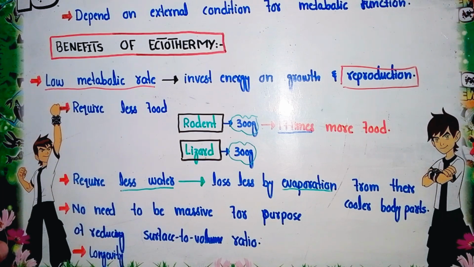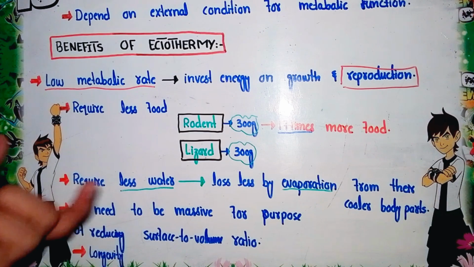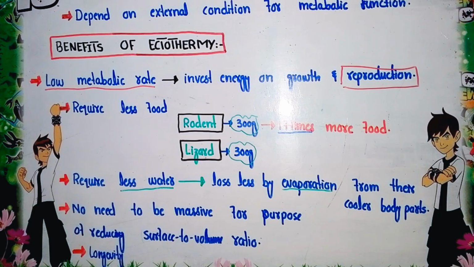So the main reason why they require less water is the lower loss of water through evaporation from their body. That's why they are able to require less water as compared to the endothermic animals.